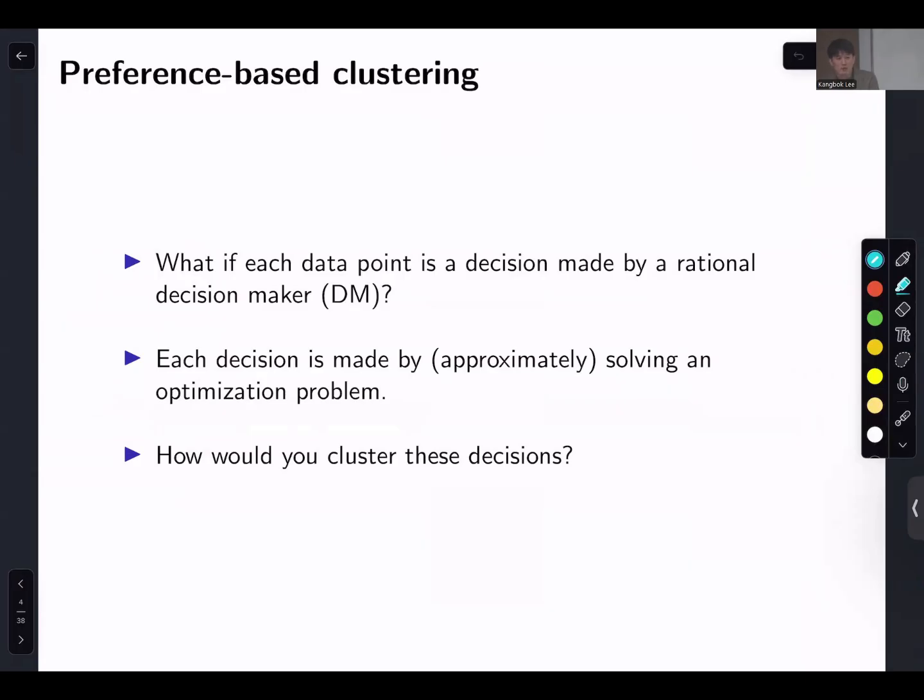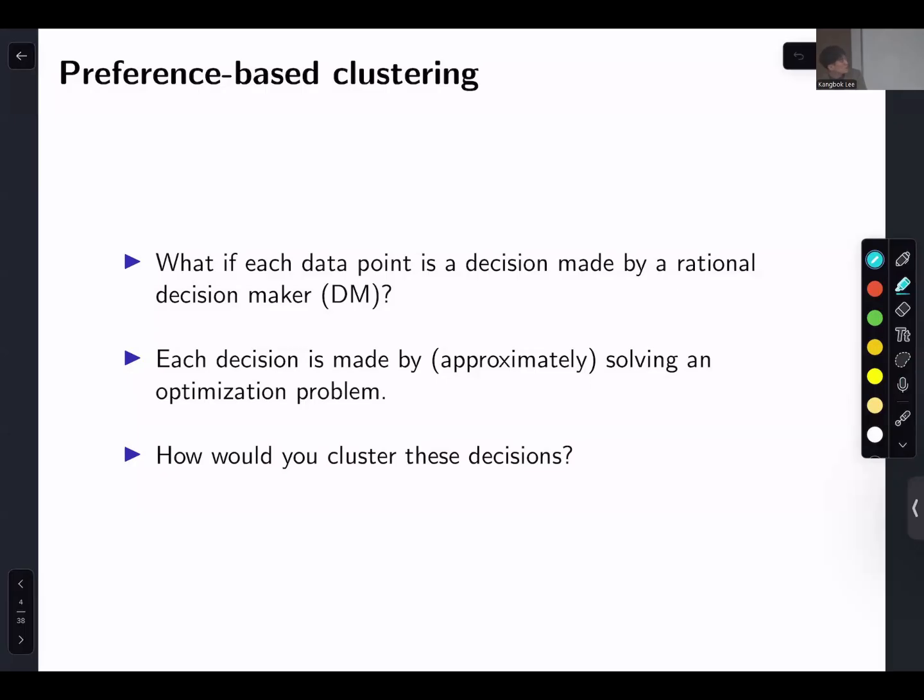You see, what I can do is just collect a bunch of different data from you, and these data are all of your individual decisions. Now, when I try to cluster these decisions, if each decision is a vector, should I cluster purely based on Euclidean distance, or is there something else, right? That's the question for this work. Okay, how would you cluster these decisions?